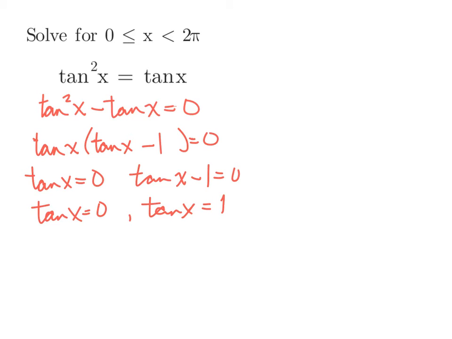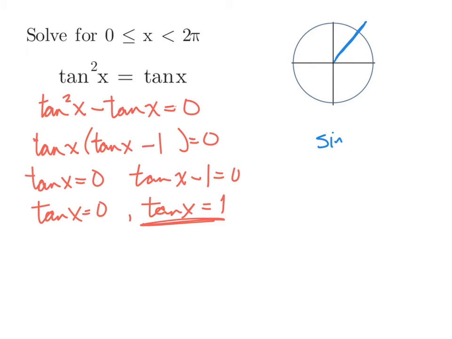Notice that when we divided by tangent in our first attempt, we ended up with this equation. But what was missing is that other equation of where tangent is equal to 0. So let's think about our unit circle and start trying to solve these equations. I'm going to solve tangent of x is equal to 1 first because we just did that one. Remember, we needed sine and cosine to be the same because tangent is sine over cosine.